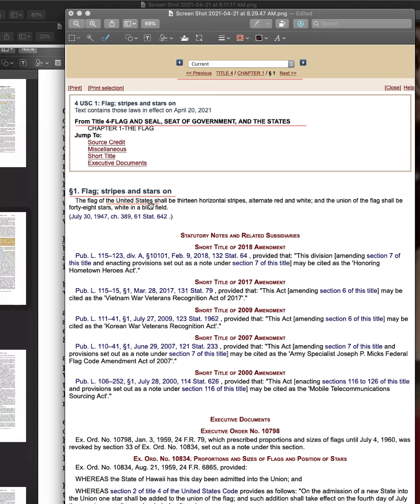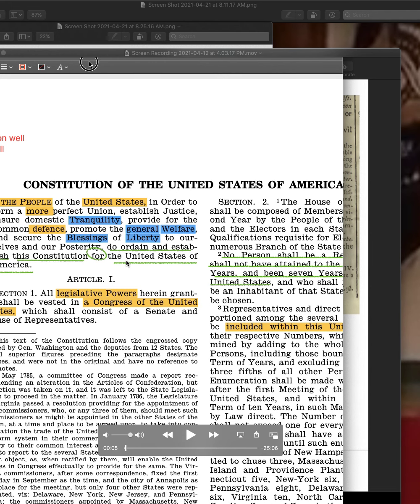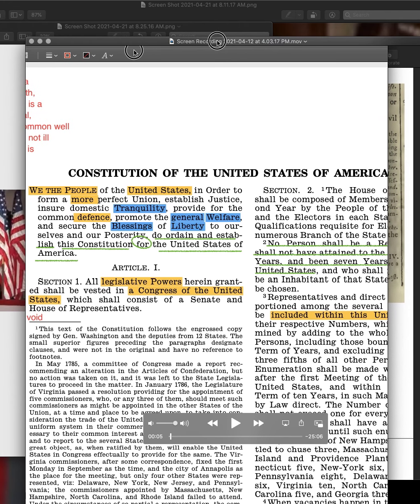So the flag is for the federal government. It's not for the United States. So it's for the lands purchased where they have exclusive legislative jurisdiction.